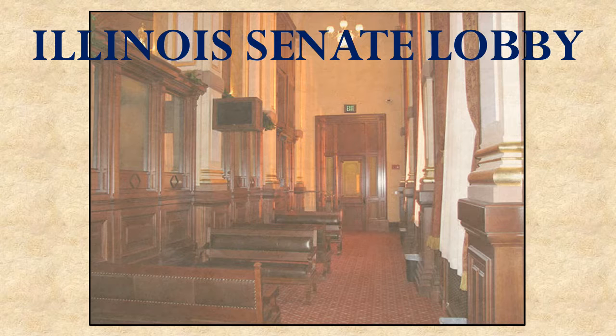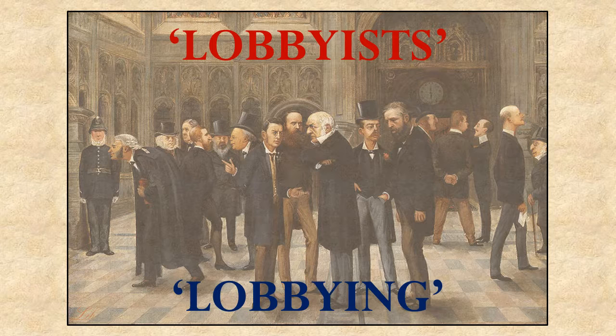Well, this is the kind of place that gave rise to the word lobbying, because as members of government pass through areas like this, in whatever government building they're in, there's an opportunity for people to approach them and try to talk to them. The people who would do this with a specific purpose of trying to influence the government official to do something then became known long ago as lobbyists.